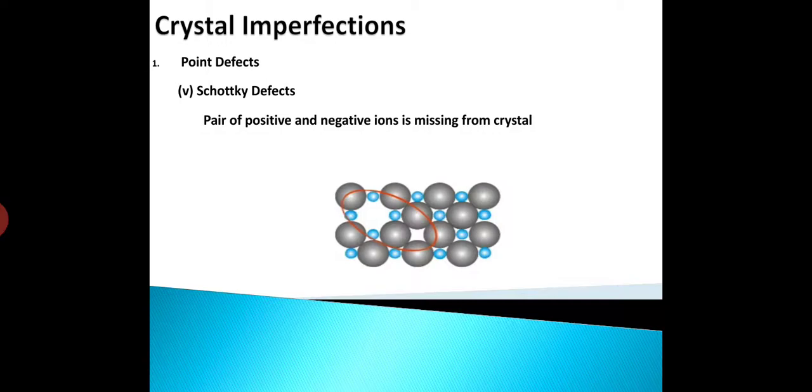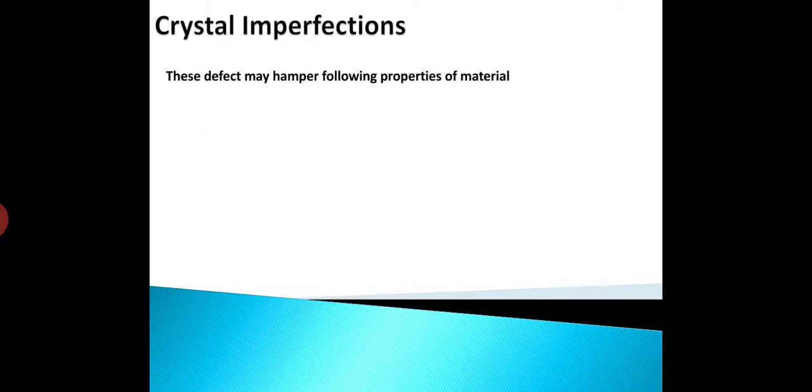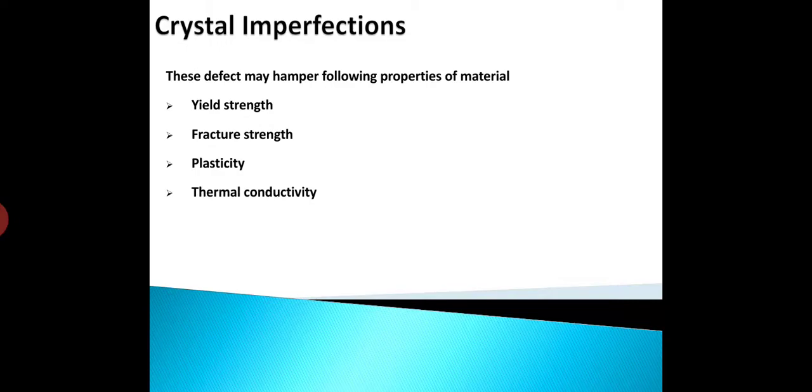It is mainly available in ceramic materials. These point defects affect the properties of a material such as yield strength, fracture strength, plasticity, thermal conductivity and dielectric strength.